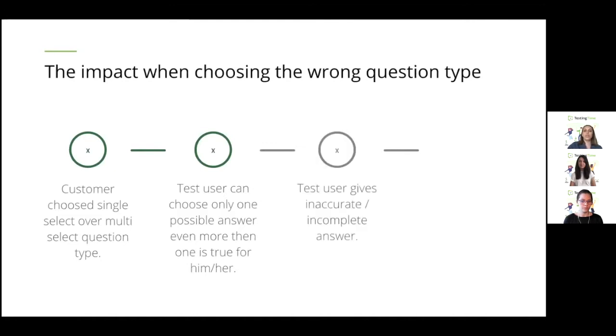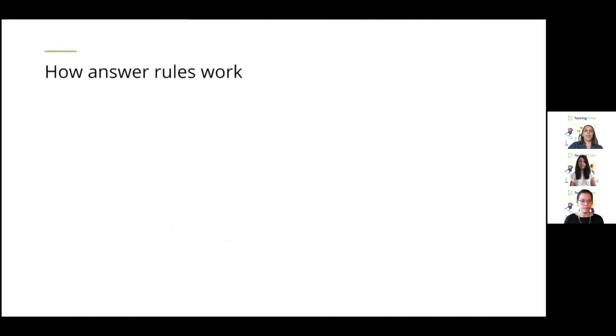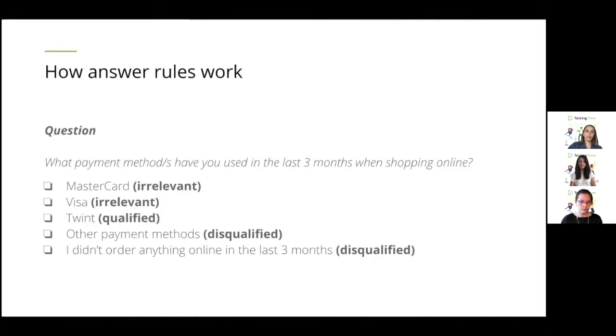And actually what is happening is that the test user can give an inaccurate or, let's say, incomplete answer, which could lead to the customer getting test user profiles that do not match the requirements of a perfect profile.